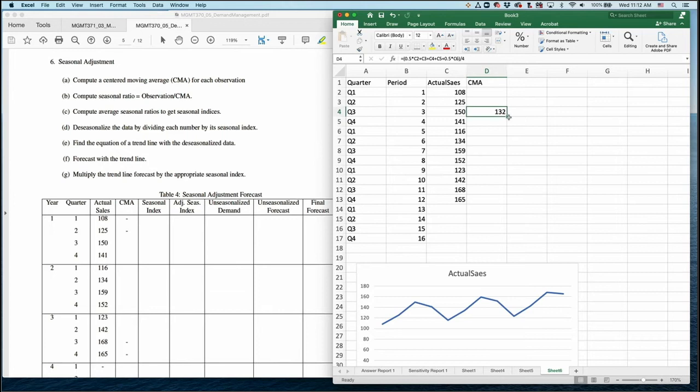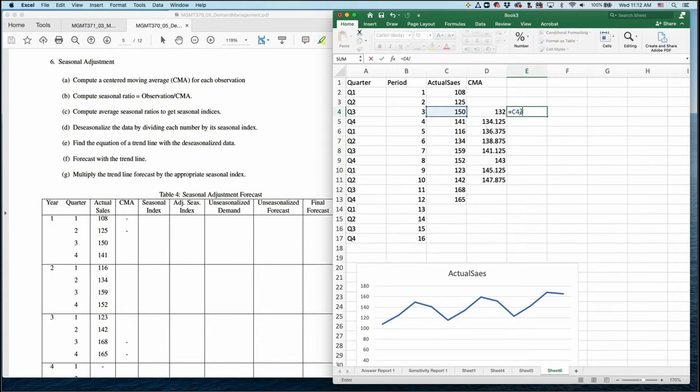If you look at this center moving average, this looks very similar across season, right? That means this is deseasonalized information. And you can compute the actual sales divided by CMA. This can be our seasonal factors.